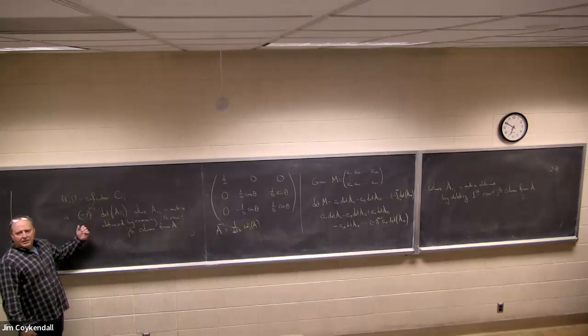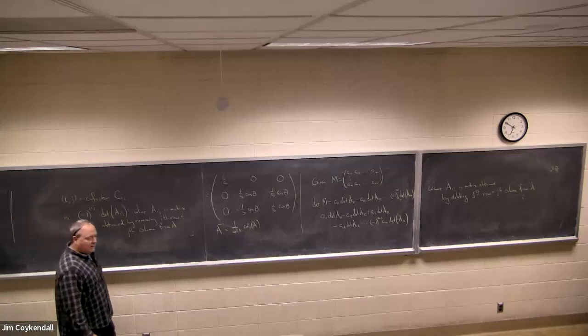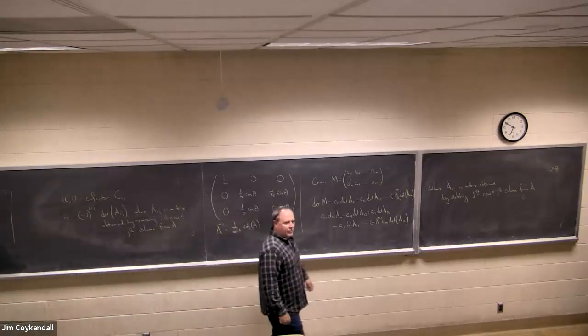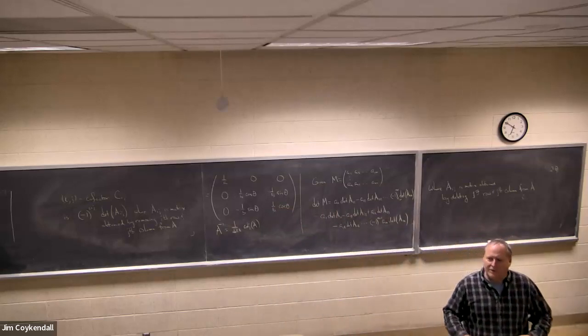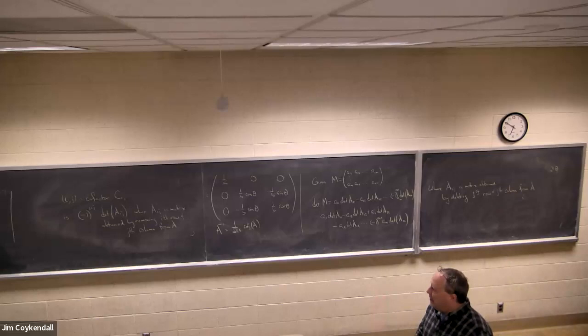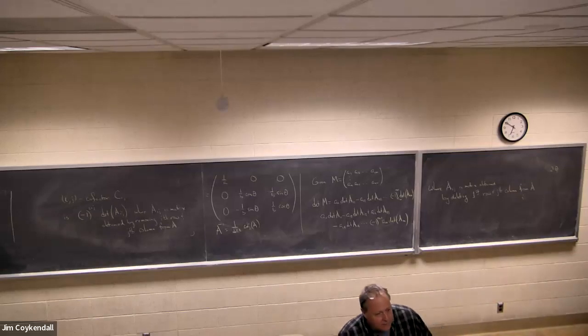The most common mistake in this definition is forgetting that -1. But the cofactor is: you remove the ith row, jth column, now you've got an n minus 1 by n minus 1 matrix, so you take its determinant and multiply by that possible negative sign, -1 to the i plus j power.